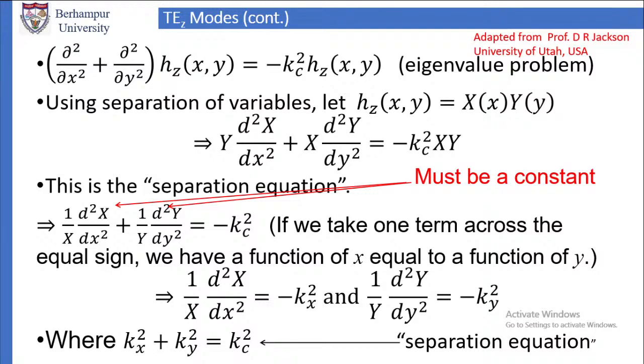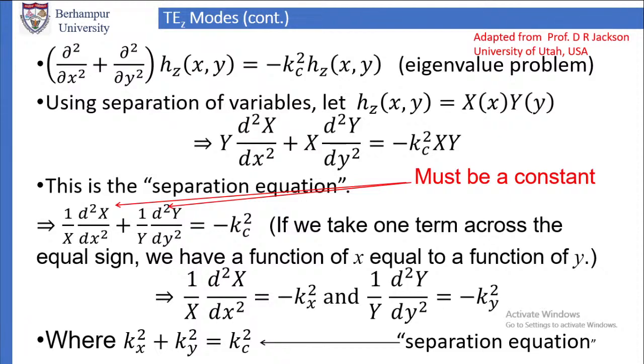Now these two terms are in terms of x and y. X and y are independent of each other, therefore these two terms have to be independent of each other. We have added two independent terms, and they add up to give us a constant. Therefore, each of these terms has to give us a constant.